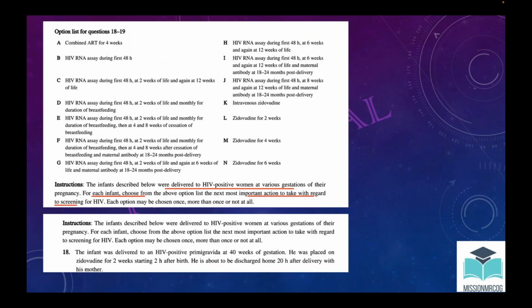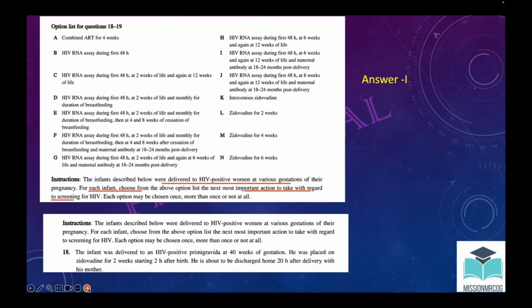Option F. What is the difference between F and A? HIV RNA at 48 weeks, at 6 weeks.